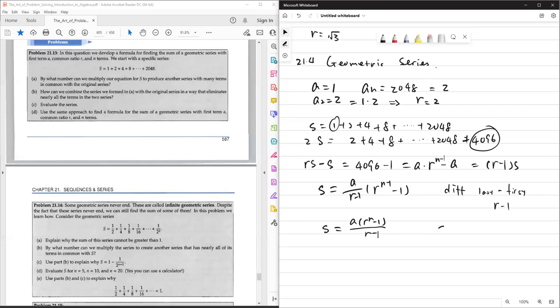Note this is very different from, what was the other one? a n plus d, sorry, n minus 1, divided by 2d, right?